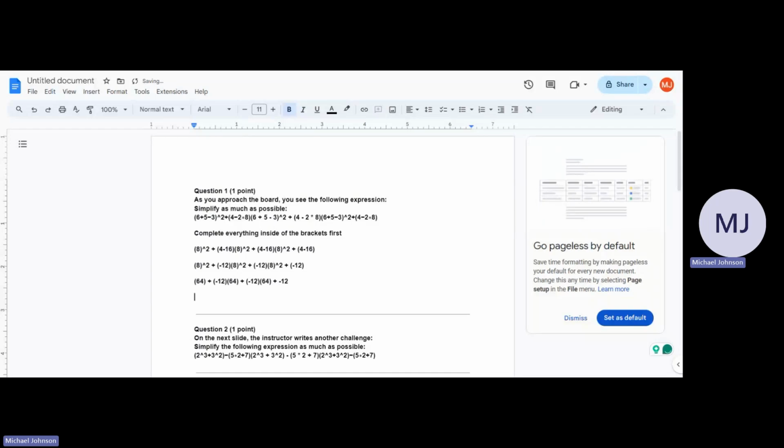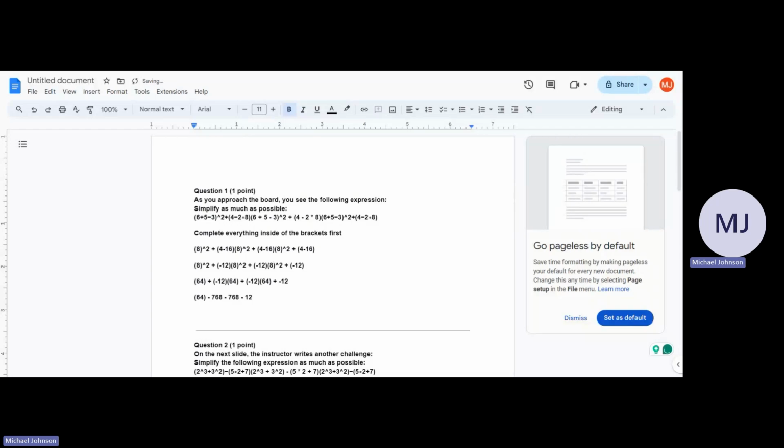And then you would have to combine that all together. So 12 times 64 would be negative 768, so 64 minus 768, minus 12 here.